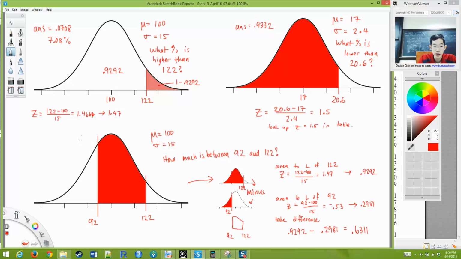So this area here is going to be 0.6311.